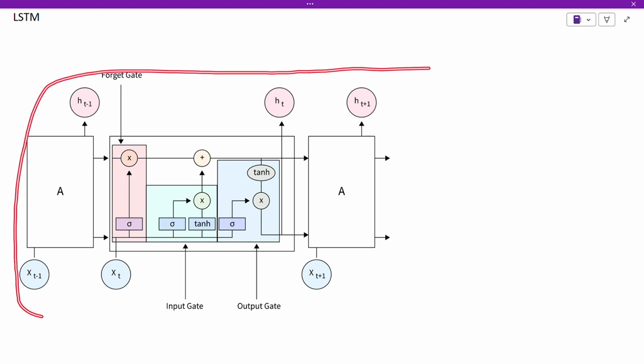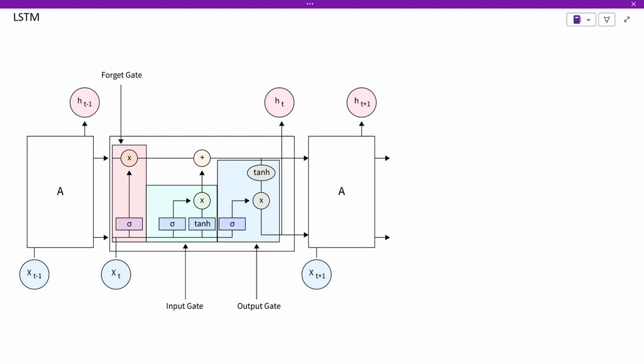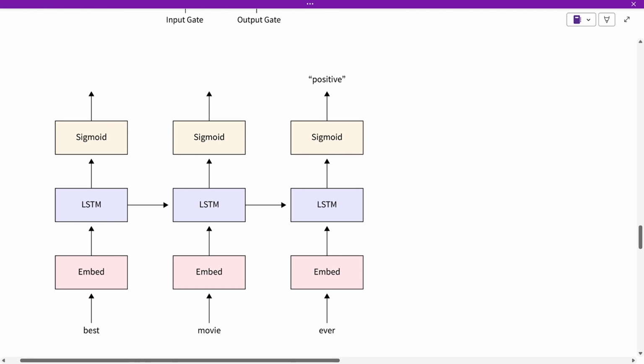So this architecture works well up to some extent to provide an algorithm for sequential data, but it actually fails when we are using sequential data like text. So what happens with text?